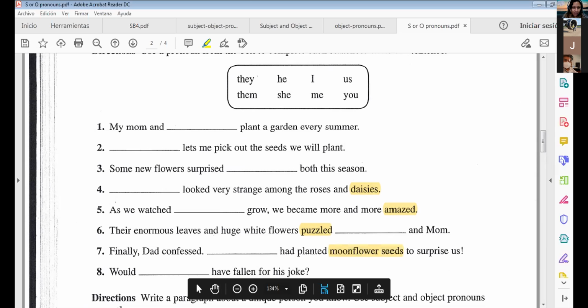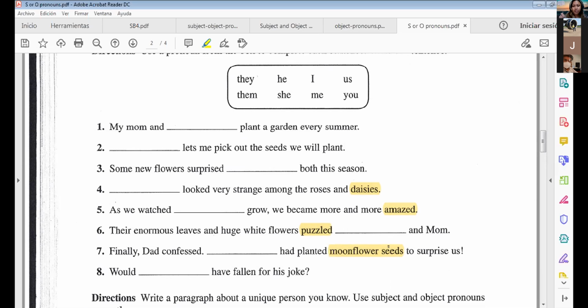I think those are the only ones. So let's start with daisies.